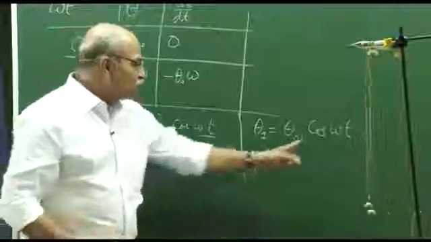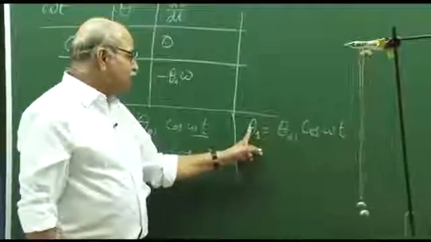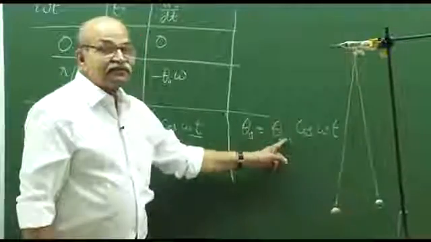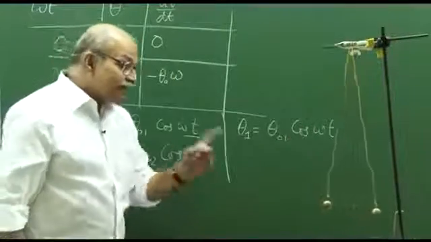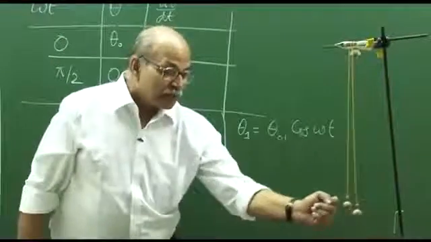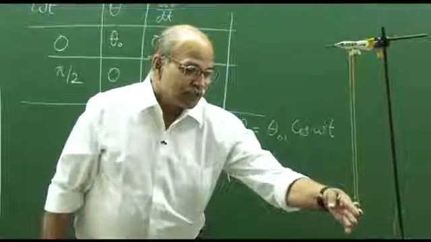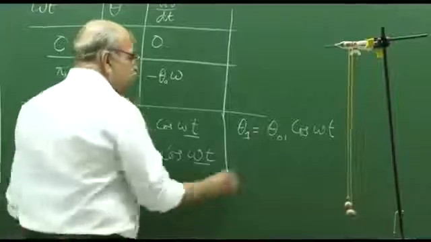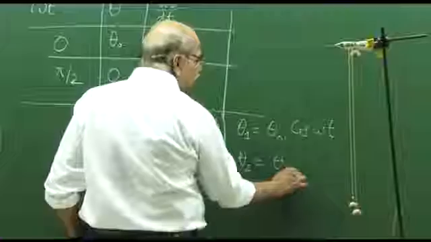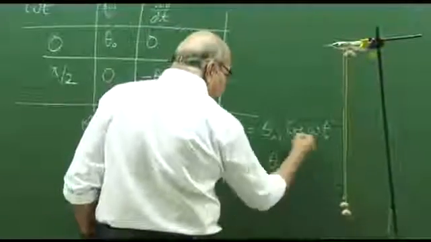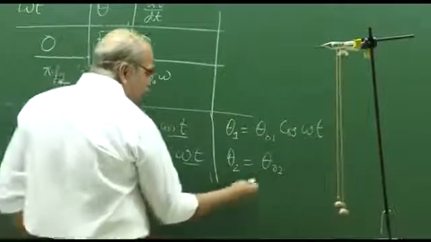At t equal to 0, the first pendulum is at its positive extreme, at its left extreme. At that instant, this second pendulum must be at the right extreme. So that means for the second pendulum, my equation should be theta 2 equal to some amplitude and then negative of this, when this is at left extreme, this is at right extreme, and so on.